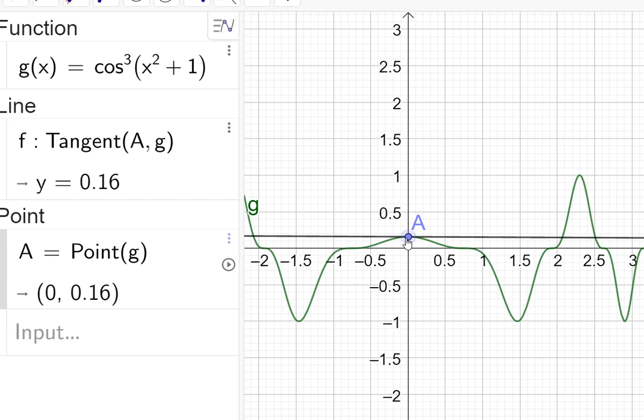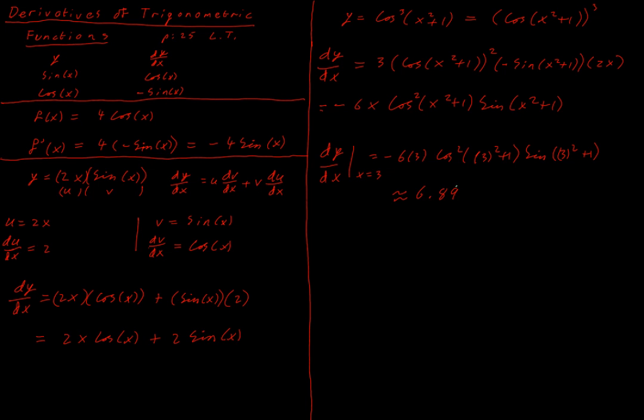And again, the function dy dx gives me the values of all of those slopes of that black line as I'm moving around my different values of x. So that's what I need for my derivatives of trigonometric functions.